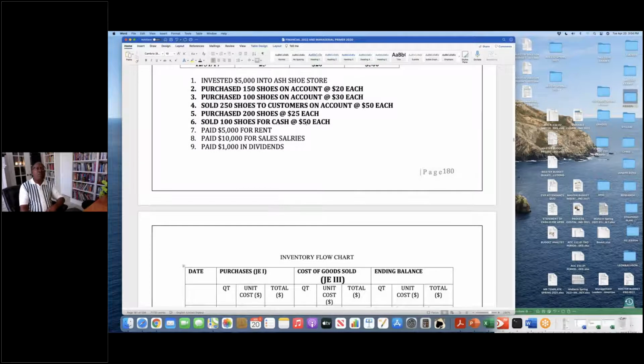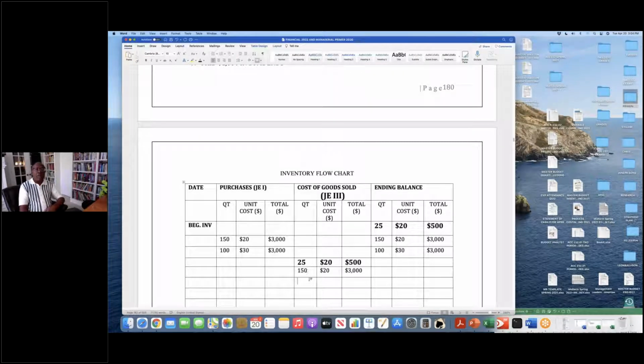No, sorry, 250. So right now we're at what? 175. So how many more do we need to sell? 75. Yes, because we're at 175 and we sold 250.